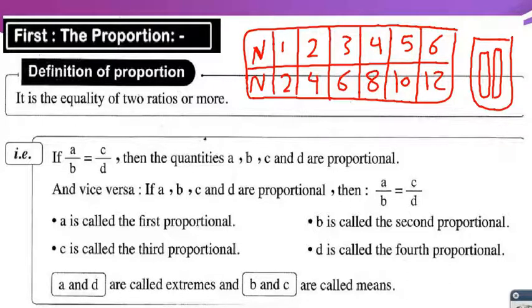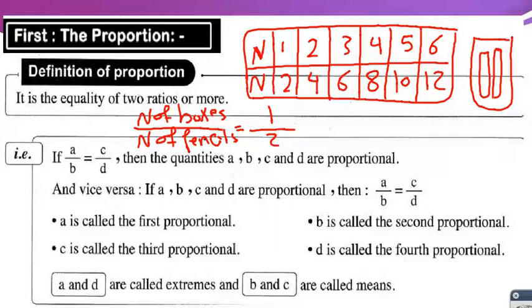The ratio between the number of boxes over the number of pens equals 1 over 2, or 2 over 4 equals 3 over 6 equals 4 over 8 equals 5 over 10 equals 6 over 12.